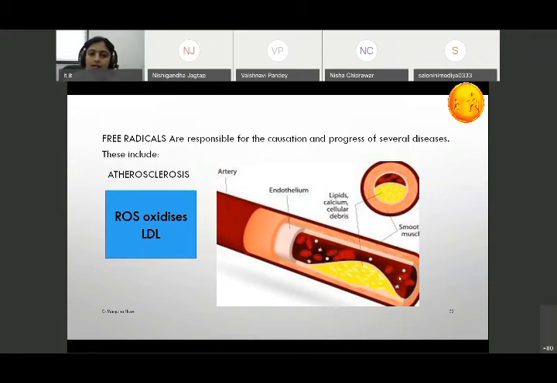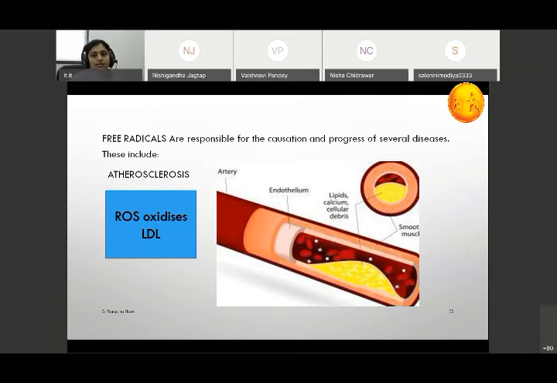Atherosclerosis we have already learned in our lipid metabolism classes. In this, the main cause is oxidized LDL. How is this oxidized LDL formed? Here the reactive oxygen species attacks the LDL molecule and oxidizes it.